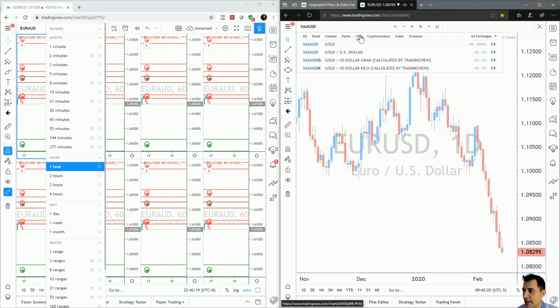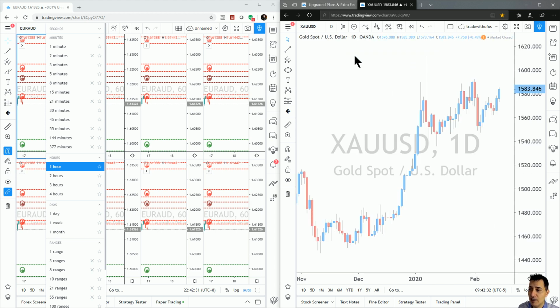Maybe you are trading with Oanda, trading XAU USD. That's a gold CFD. It's like gold futures, but it's not futures. It's a contract provided to you directly by the broker. There is no exchange, and therefore you will get real-time data.